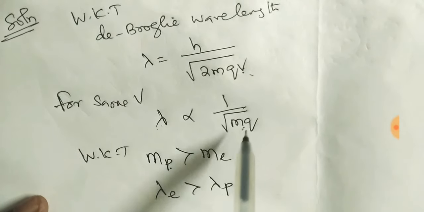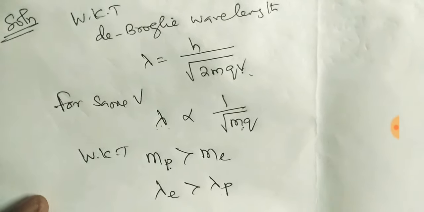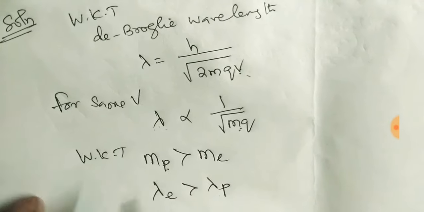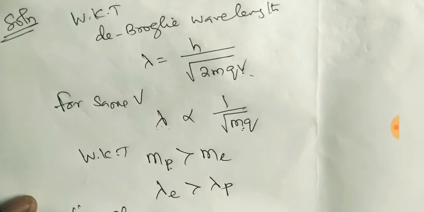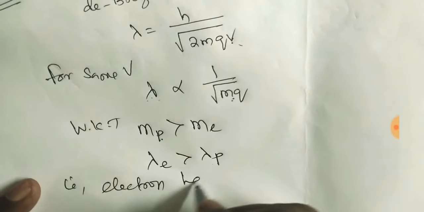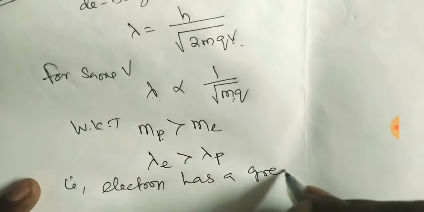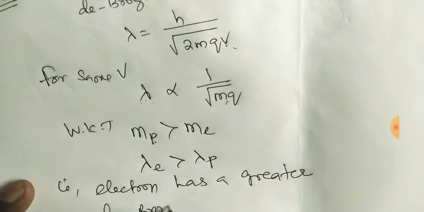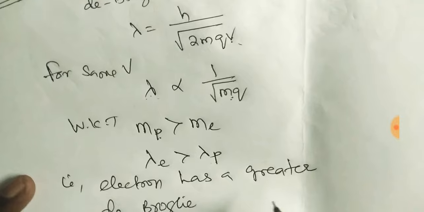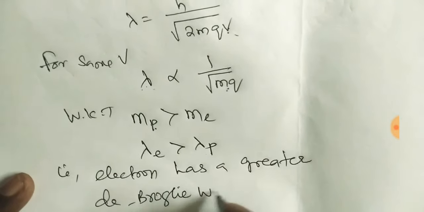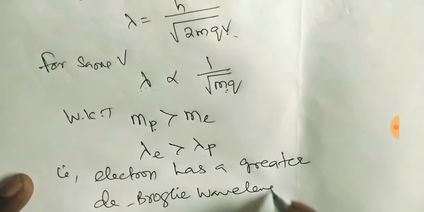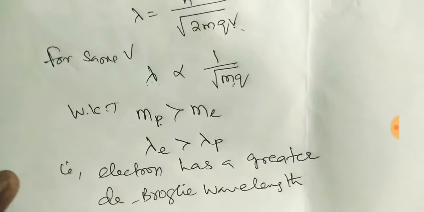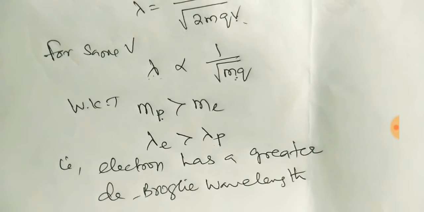The mass of the electron is smaller, so lambda will be larger. Then which will have the greater wavelength? Electron. That is, the electron has a greater de Broglie wavelength. You must write like this, children. Don't write solutions like mathematics problems; you should write the final conclusion.